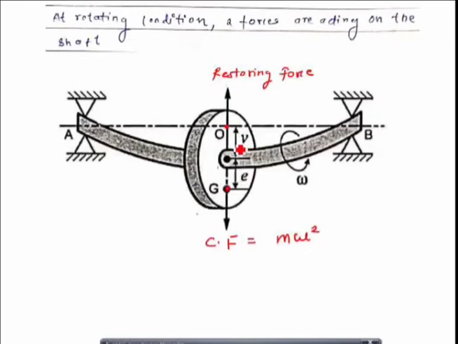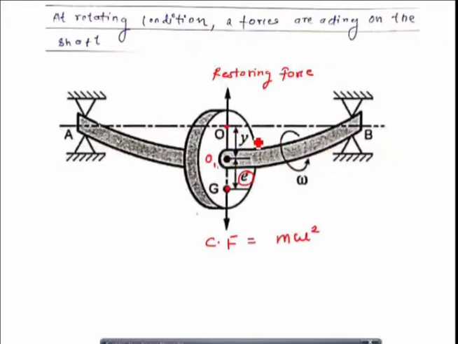Initially, E is the initial eccentricity at the static condition. During the static condition, there was an initial eccentric distance between O and G, that is E, and due to the rotating condition, a distance Y has been created between O and O1.